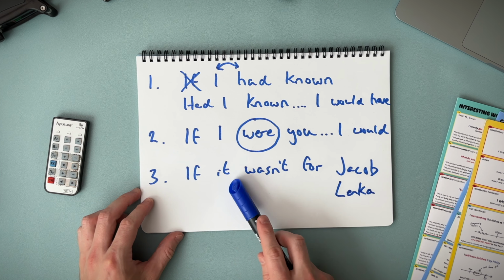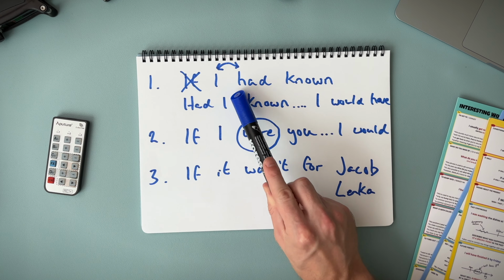So Lenka is the reason. This can also be for bad things. Let's say Lenka was a horrible person, and because of her, I got really depressed. She's the reason I got depressed. So we can say, if it wasn't for Lenka, I never would have gotten so depressed. So she's the reason for that negative thing.